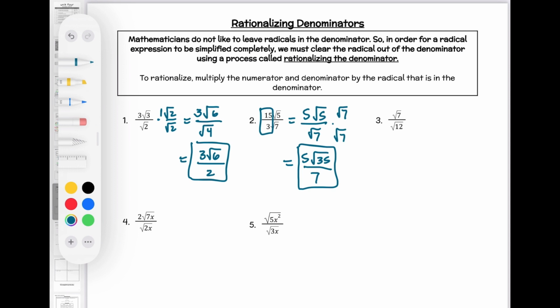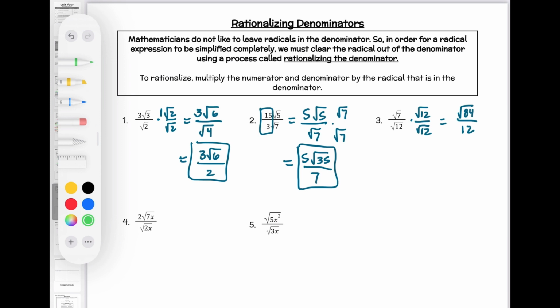All right, so same deal for number 3. We're going to go ahead and multiply by the square root of 12 on the top and the bottom to cancel out that denominator. So on the top, we are going to do 12 times 7. That's going to be 84 over 12. So now we need to simplify, because we can simplify the square root of 84.